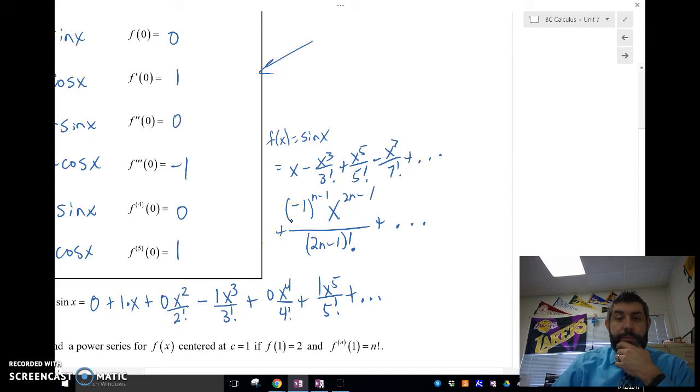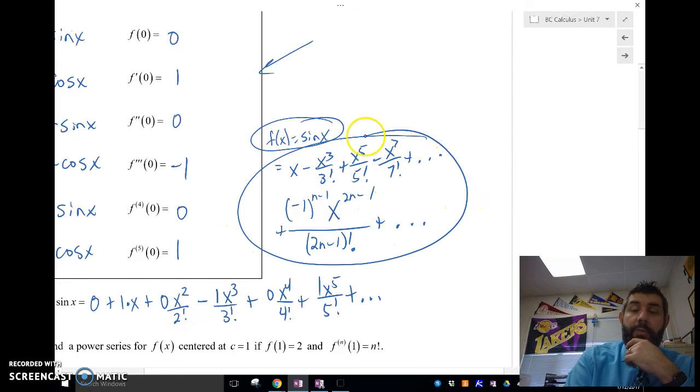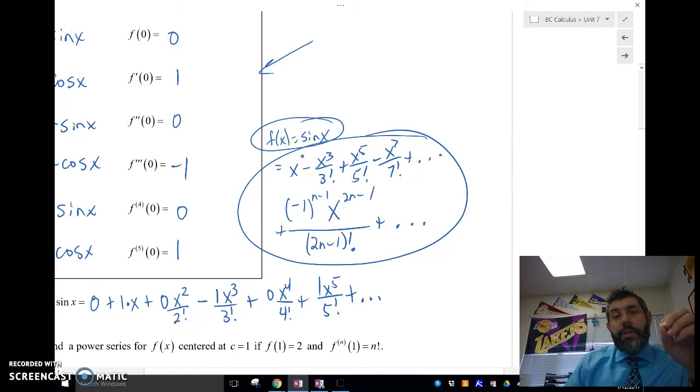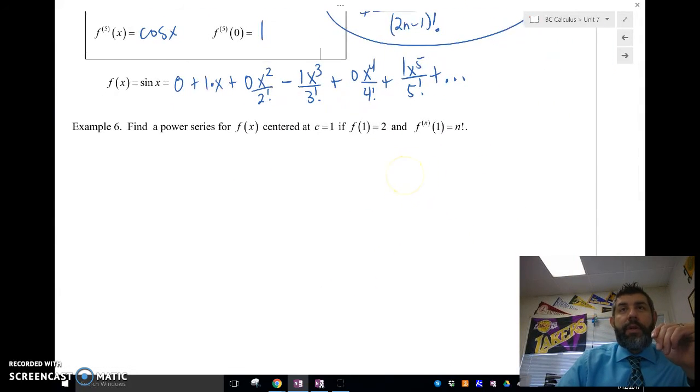Okay. All right, so this right here is the Maclaurin series for sine x. Let's take a look at our last example here.